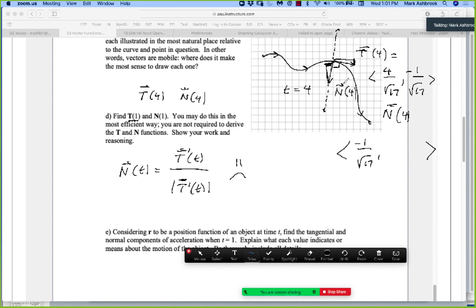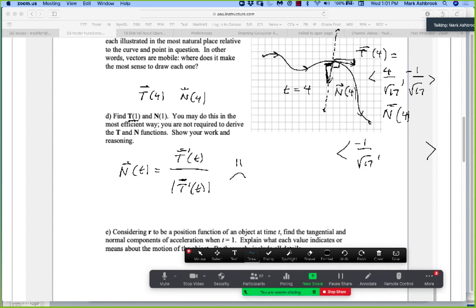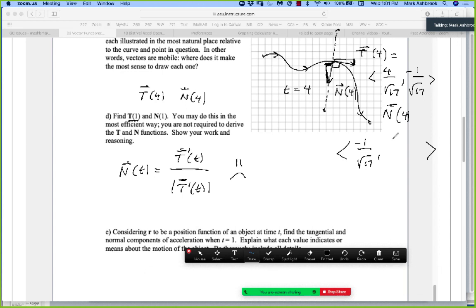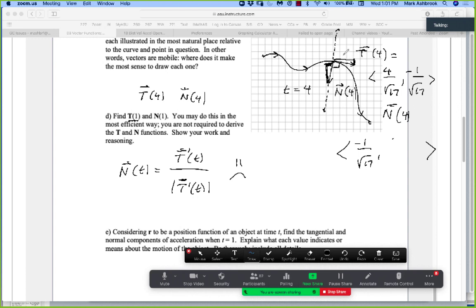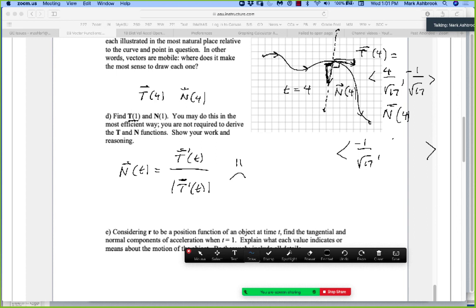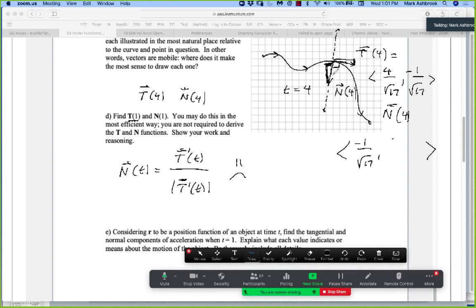All right, now what about this magnitude? So the magnitude of the y component of N is? So do you see it's just the same vector as T, same proportion of changes, but just rotated 90 degrees.